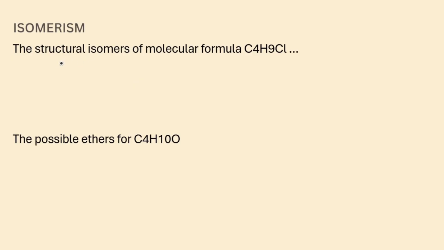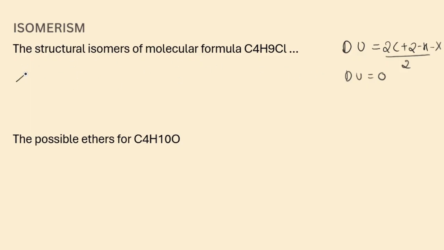The first question is, what are the structural isomers for the molecular formula C4H9Cl? First, always calculate the degree of unsaturation, right? 2C plus 2 minus H minus X divided by 2. Substitute the values, you are going to get the value as 0. That means there are no double bonds in the molecule.